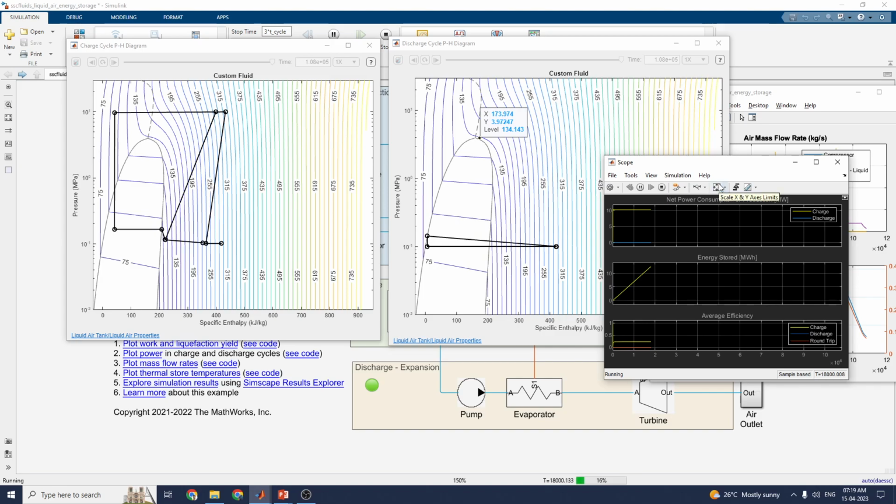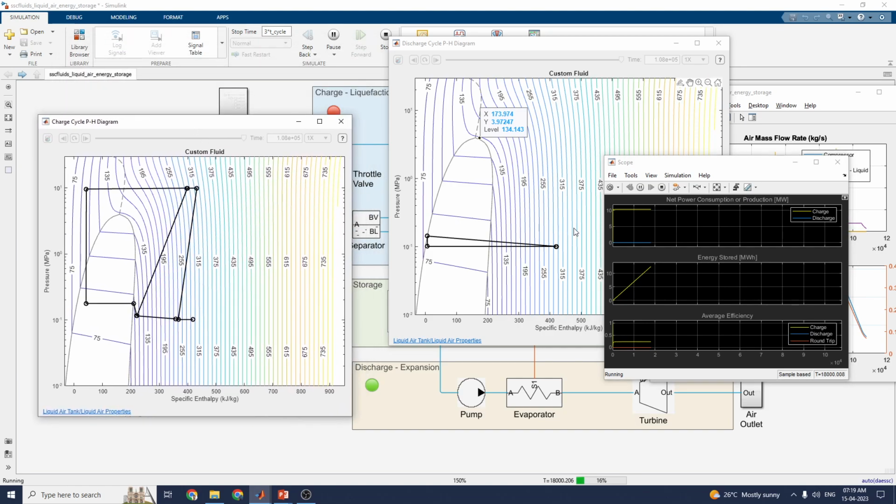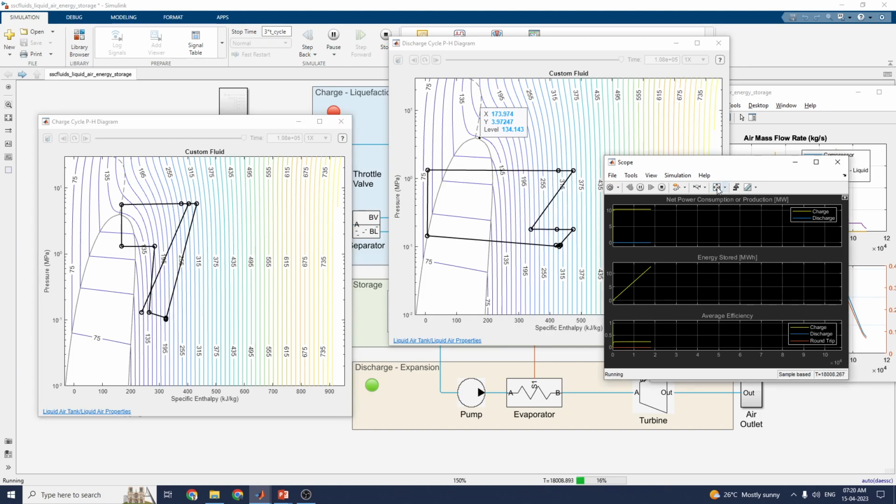Energy stored is also shown here. The pH diagram of the charge cycle is showing now, and the scope shows the net power consumption and energy stored in this cryogenic system.